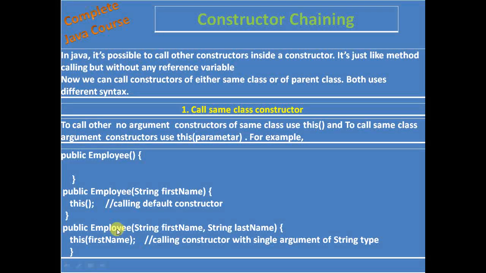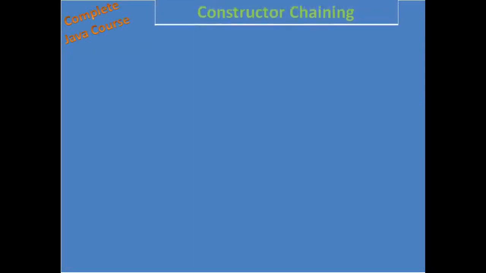Public Employee is another constructor with two arguments. If you want to call the parameterized constructor, you can call this constructor from this constructor with the help of this, and you pass the parameter. So this calls the constructor with a single argument of String type.